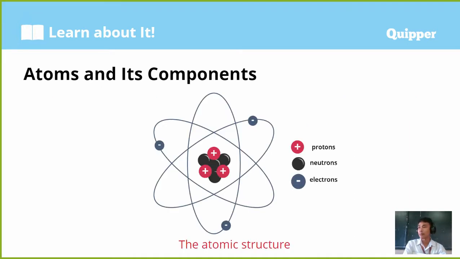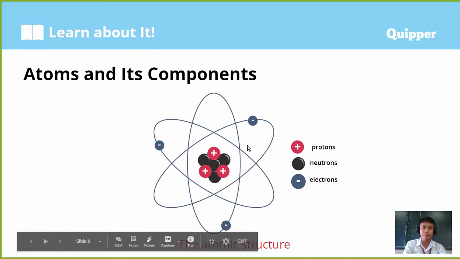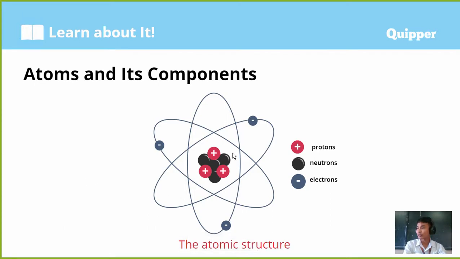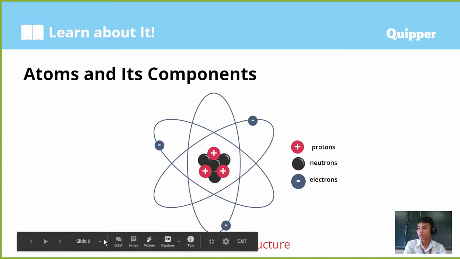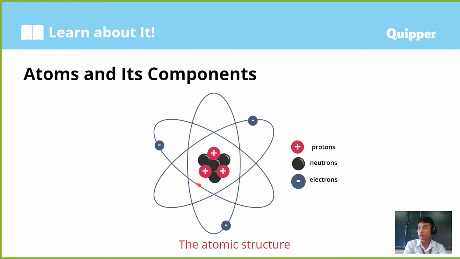If you look at this, this is the structure of an atom. Look at the center. The center is the nucleus, which contains a proton and a neutron. Neutron has a neutral charge, meaning it's neither positive nor negative, and the proton is positively charged.